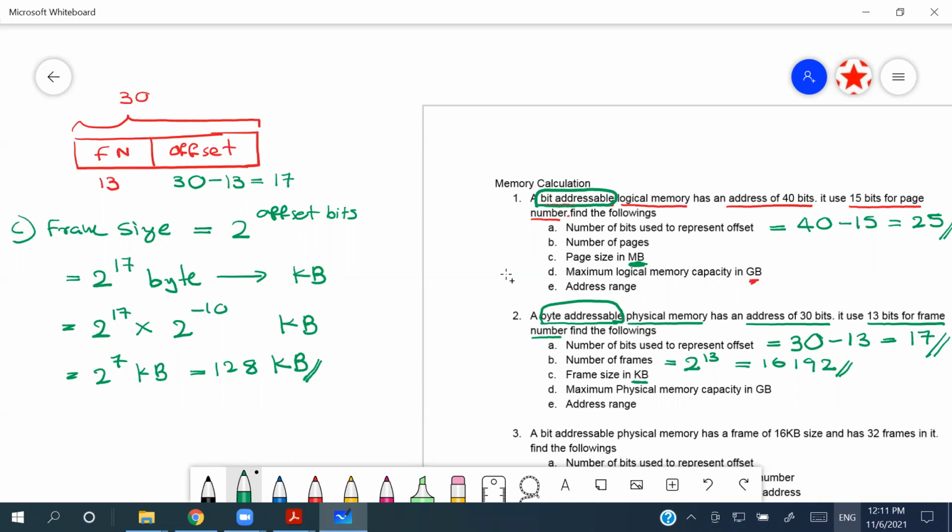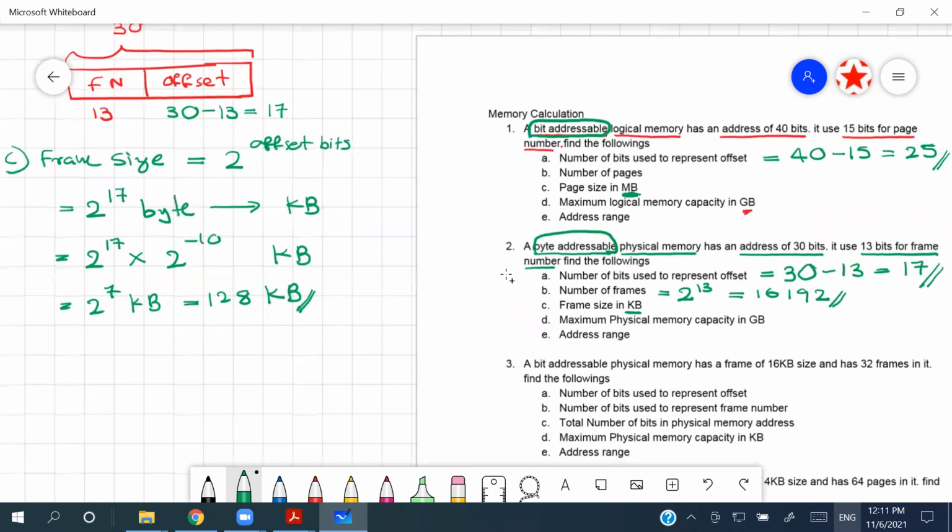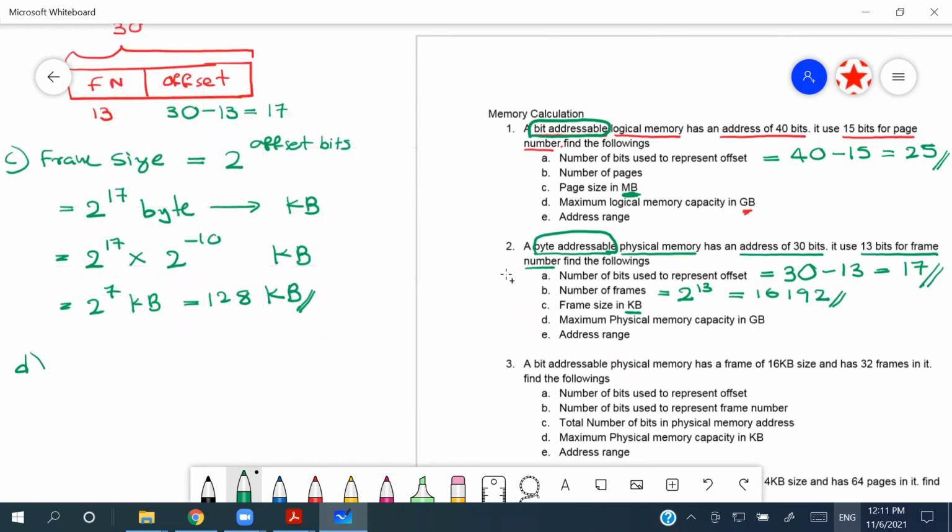Right? So part D is asking again for the maximum physical memory capacity in gigabytes. Maximum memory capacity, I went with the short forms, equals 2 to the power total bits, right?